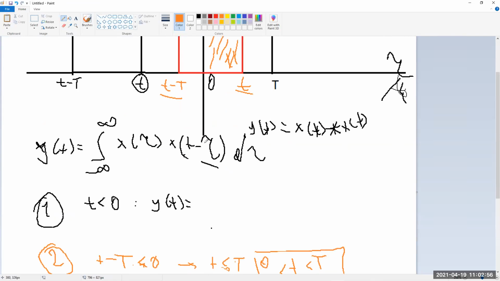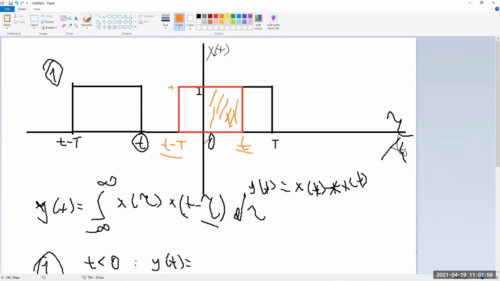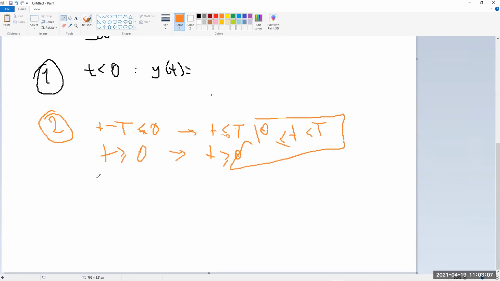But what are the boundaries of the integral? As you can see, the overlapping part starts from 0 to t. So let me write the integral. It's from 0 to t, 1 times 1 d tau.